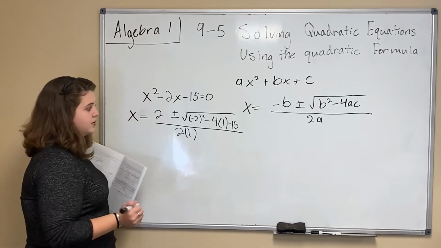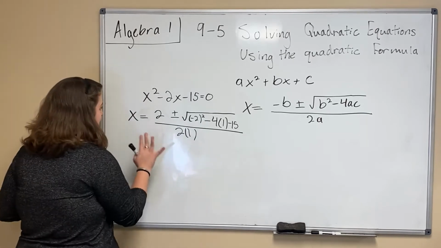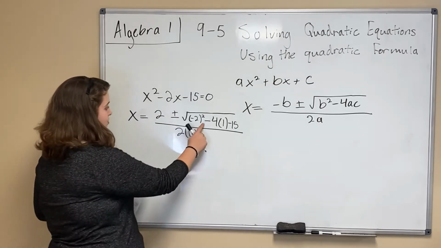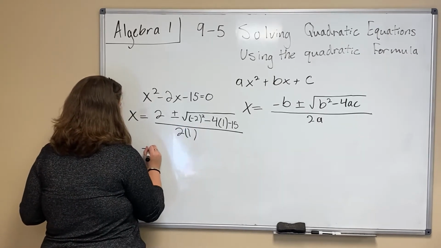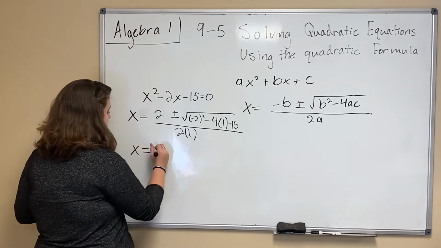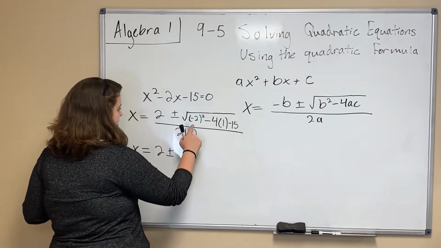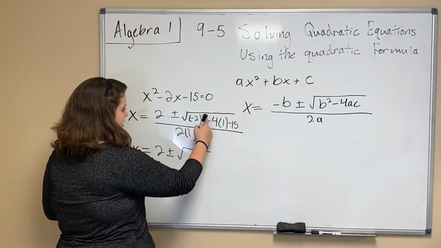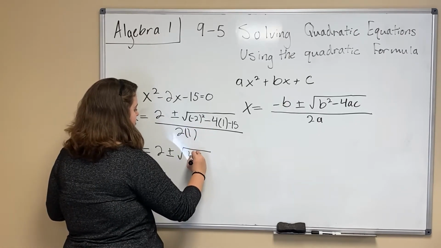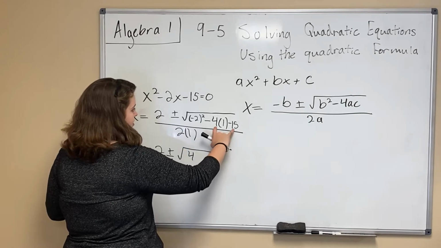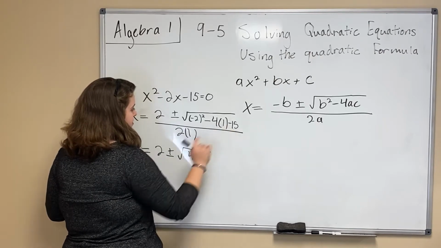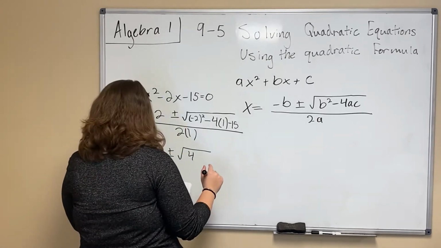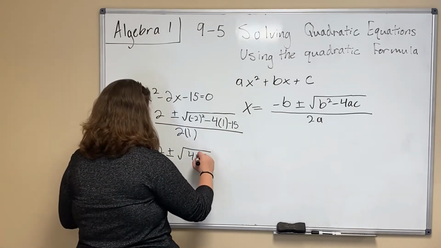Okay, so now, again, it looks really complicated, but we're just going to simplify it one step at a time. So we're going to start with what's under our radical. So we get x equals 2 plus or minus the square root of negative 2 squared, which is 4. Negative 4 times 1 times negative 15 is going to give us positive 60.